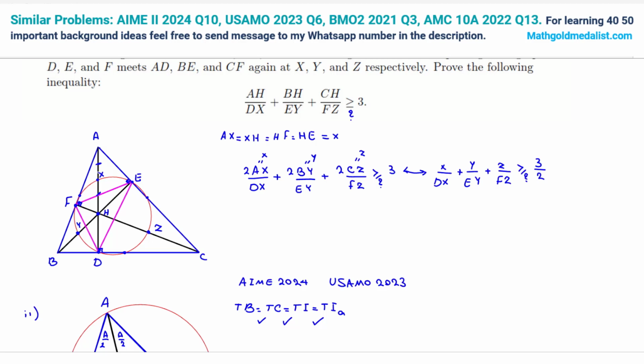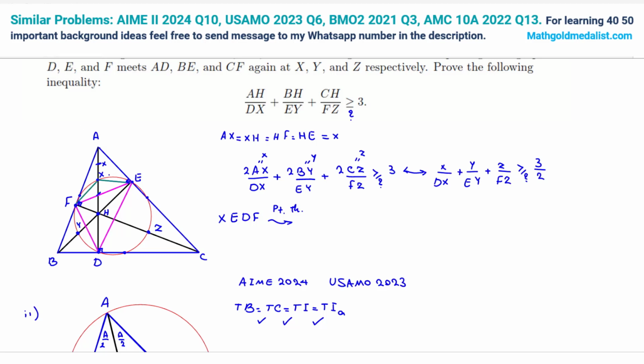Now let's see what we can say about X. It is X, XH is X, all of them are X. If we use Ptolemy's theorem in the cyclic quadrilateral XEDF, we can say what? X, it is X, we said. Let me draw these lines with green.